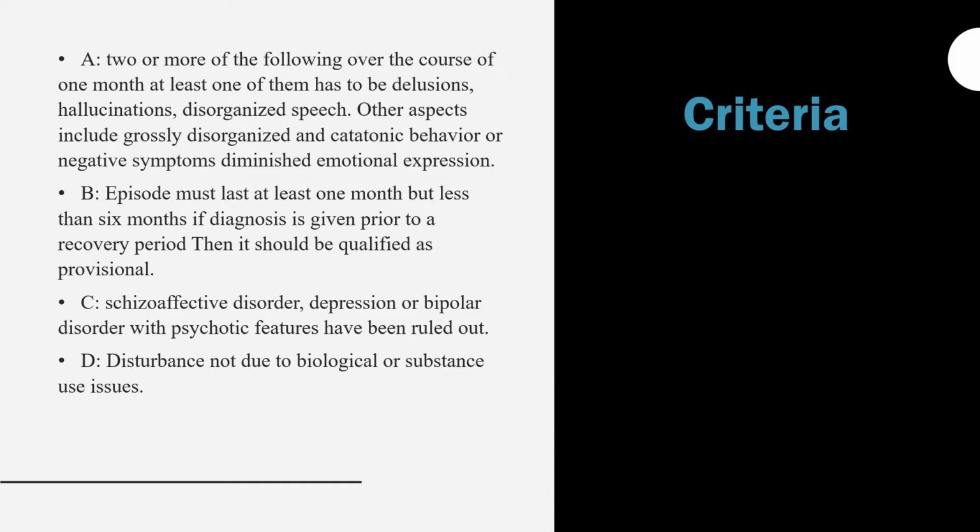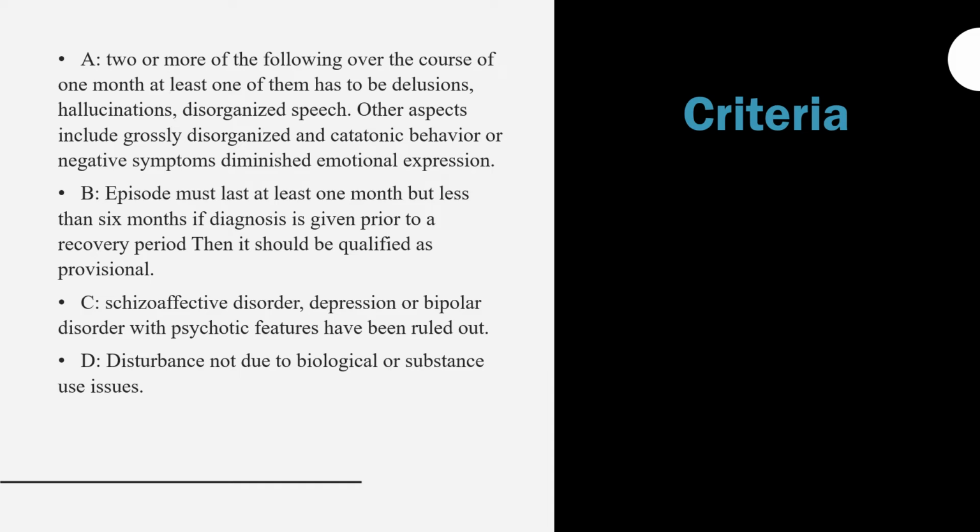Now category B, here again the time frame is very important. It must be at least 1 month, but less than 6 months. You'll notice as we go into the severity, more time is involved. In this case, the episode is taking at least 1 month, whereas the brief psychotic disorder was less than 1 month. We're now over a month, but less than 6 months.